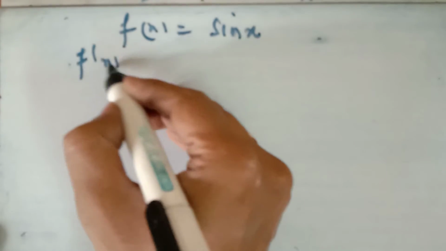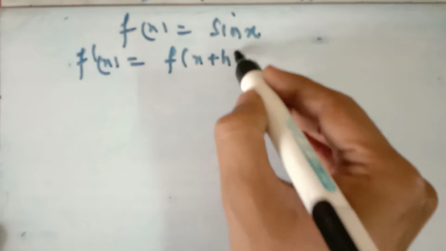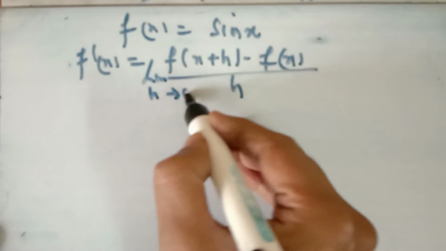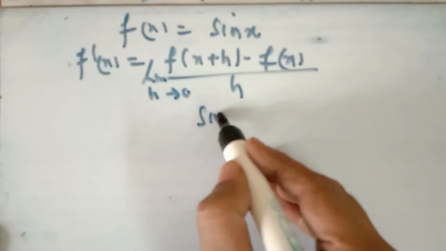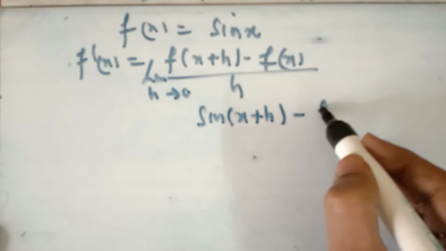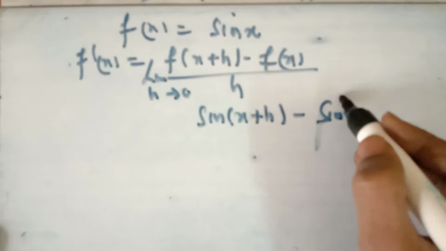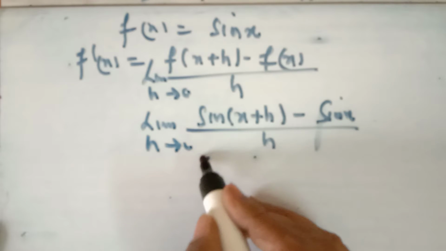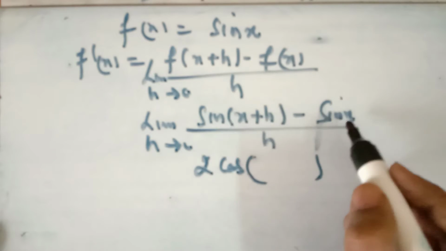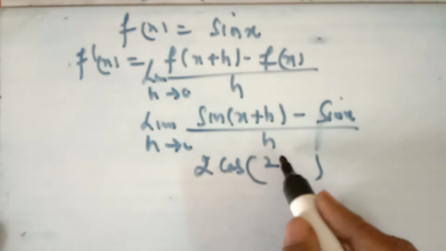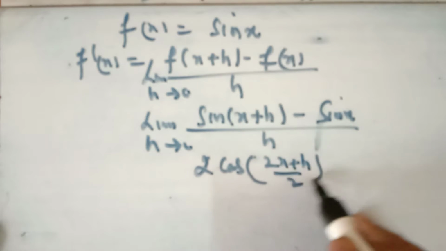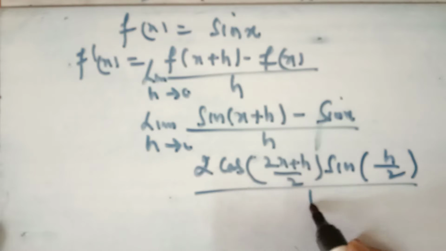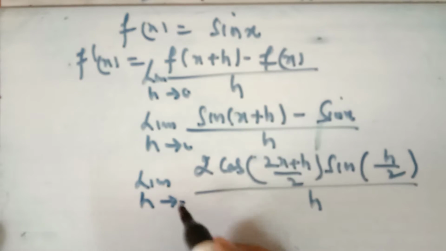Again, using the formula f'(x) = limit h goes to 0 of (f(x+h) − f(x))/h, f(x+h) will be equal to sin(x+h), and f(x) is sin x. Now using the formula sin a minus sin b is equal to 2 cos((a+b)/2) sin((a−b)/2), it will be 2 cos((2x+h)/2) sin(h/2), upon h, limit h goes to 0.